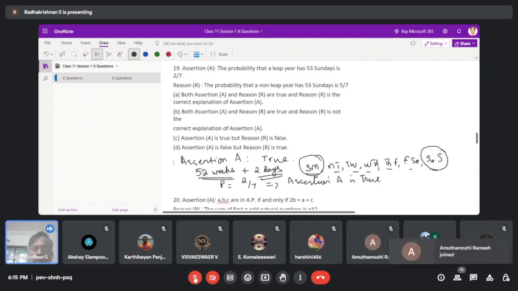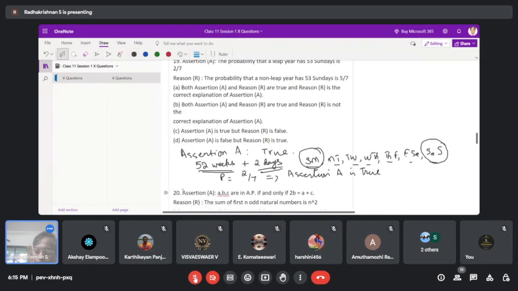Use a similar logic to compute the probability that a non-leap year has 53 Sundays.